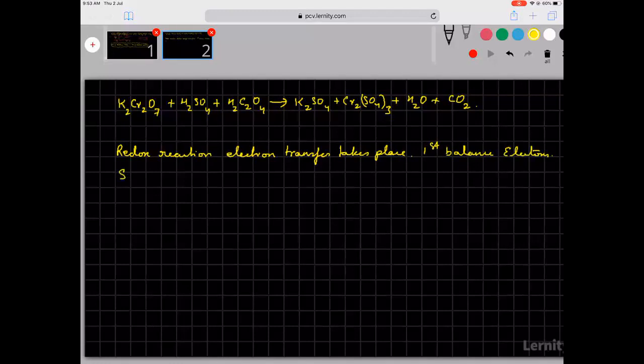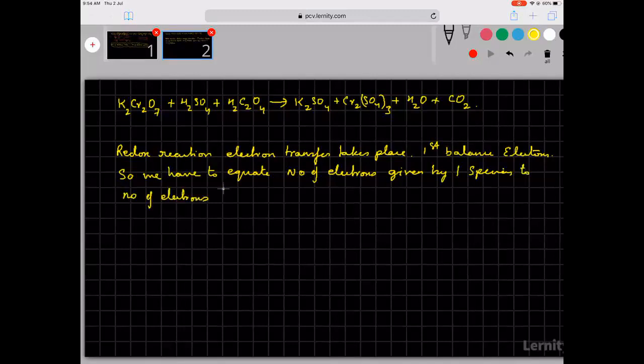So we have to equate the number of electrons given by one species to the number of electrons taken by another species.